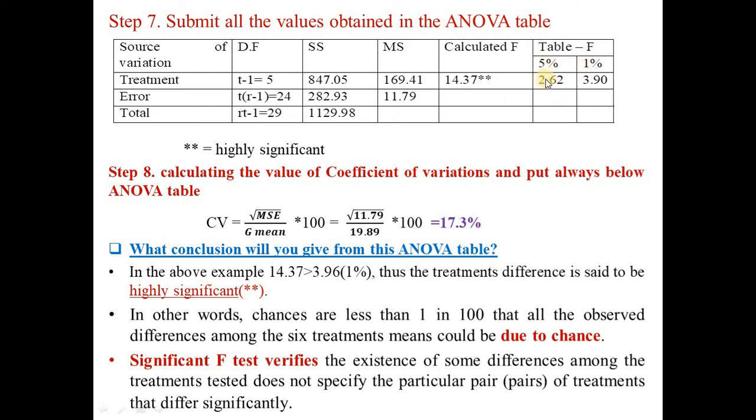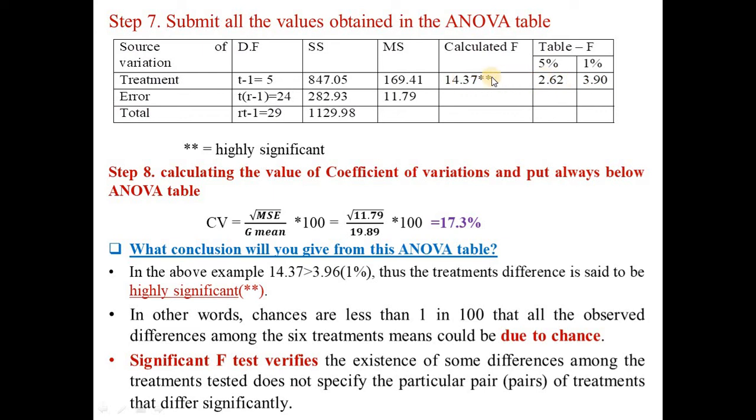at 5 and 1%. Based on this, the F calculated was 14.37, whereas the tabular values were 2.62 and 3.90 at 5 and 1% respectively. Therefore, we have to compare these values with this first, and if not, go to this.